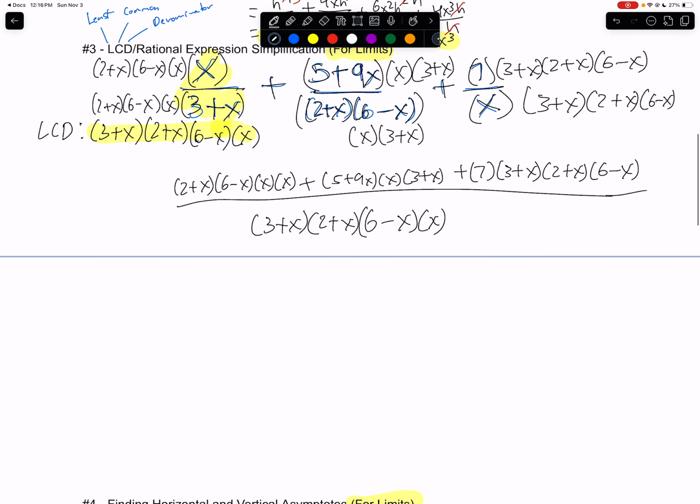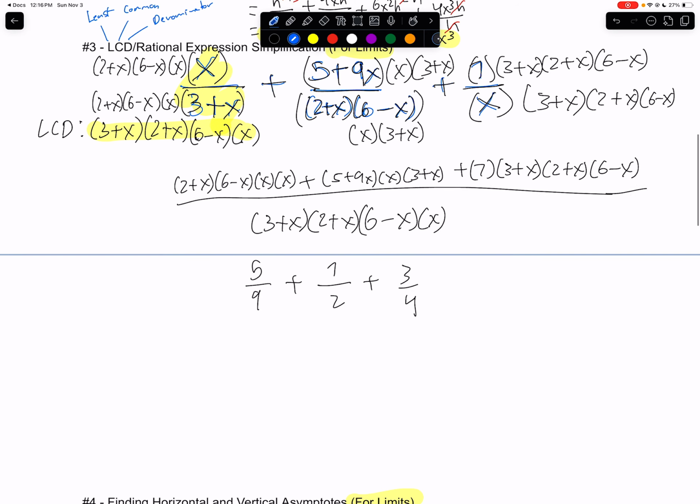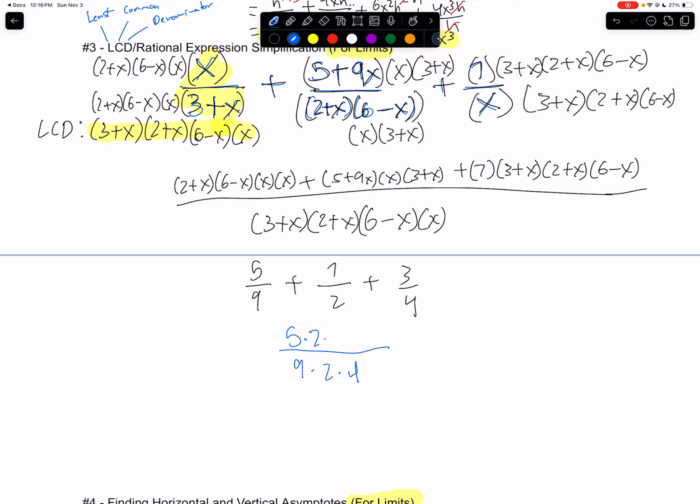If you think about it, this is the same kind of process as if you were to add 5 over 9 plus 7 over 2 plus 3 over 4. The common denominator you could get here is 9 times 2 times 4 as your denominator, and then the numerator would be 5 times 2 times 4 plus 7 times 9 times 4 plus 3 times 9 times 2, stuff like that.